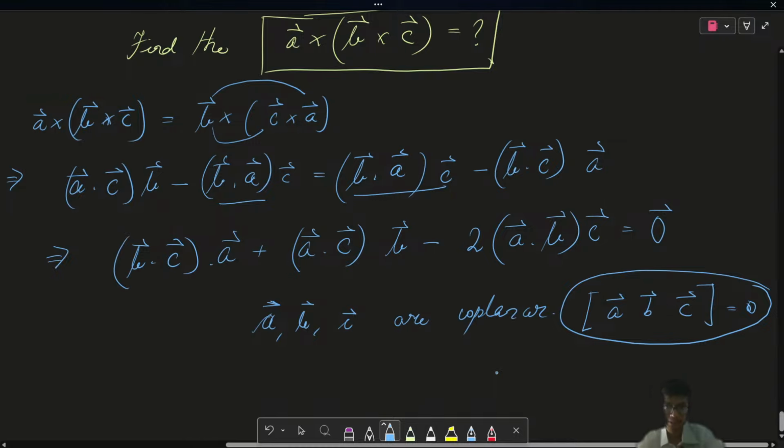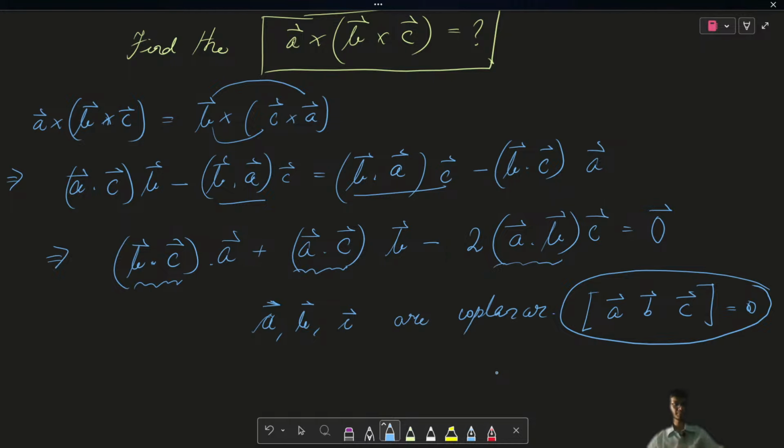So if they are coplanar vectors, then this individual magnitude will be equal to 0, because this will be linearly independent of these three vectors, right?